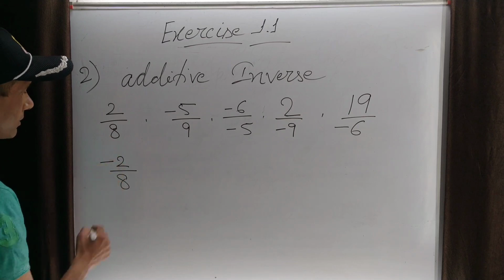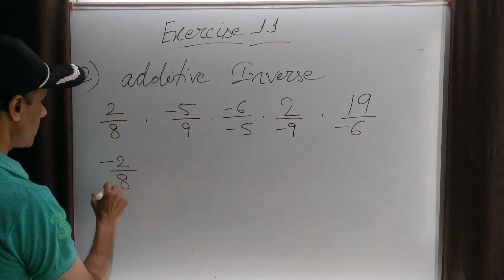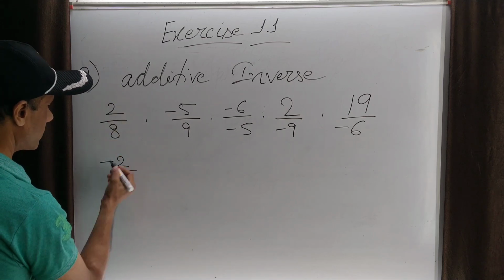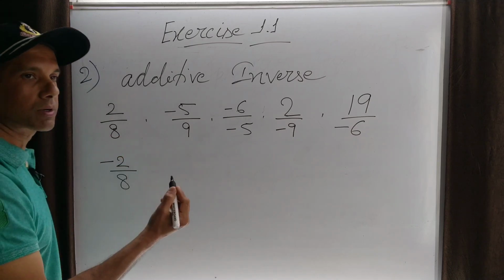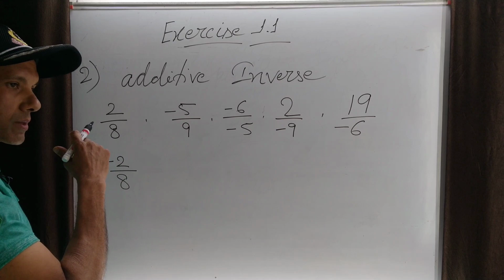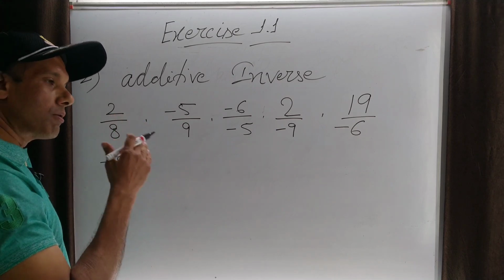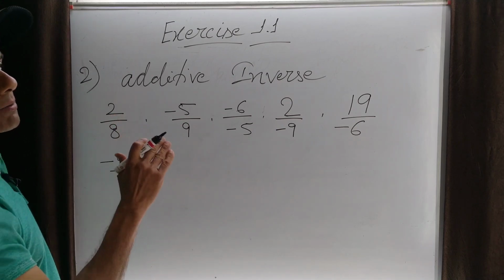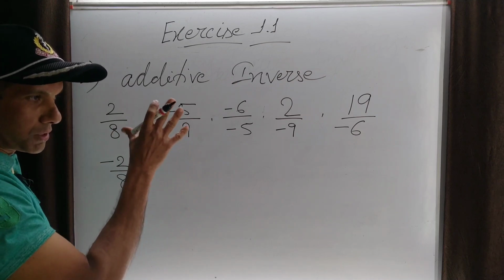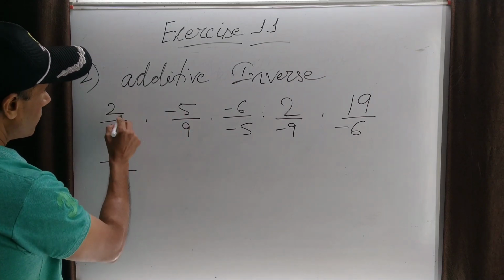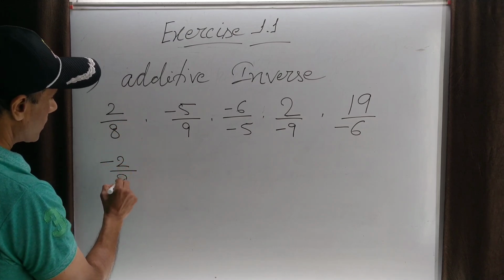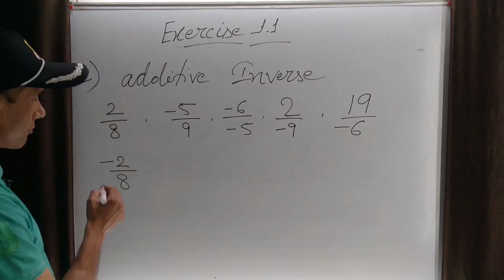So what exactly have you done? You have multiplied this with minus 1, or you are simply assigning a sign. As such, you cannot assign the sign. You have to either multiply or divide or something like that, which brings you to this particular form of writing. So the additive inverse of 2 by 8 is minus 2 by 8. How have we got that?